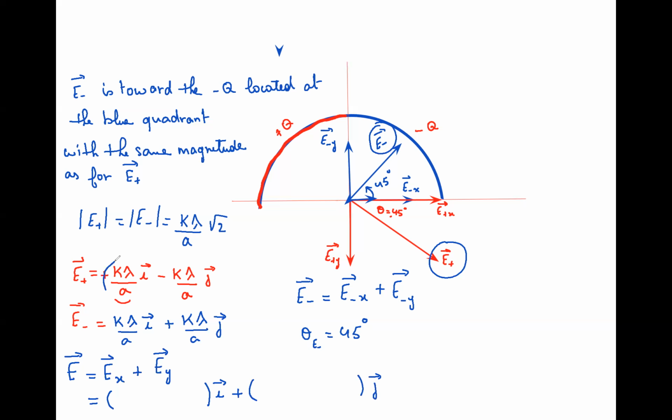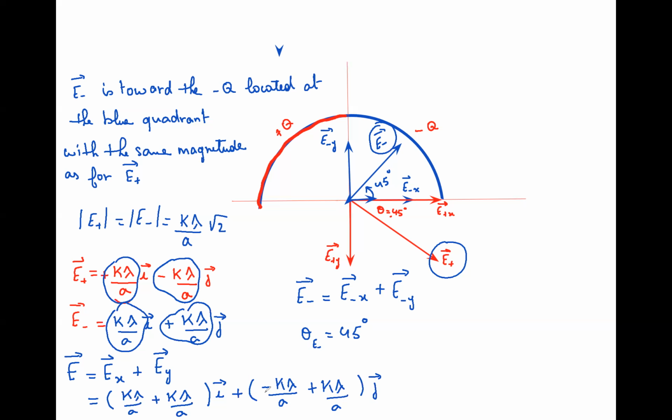For the I component, we have this one and this one: K lambda over A plus K lambda over A. And the Y components, we have minus and plus: minus K lambda over A plus K lambda over A. Minus plus equal to 0.